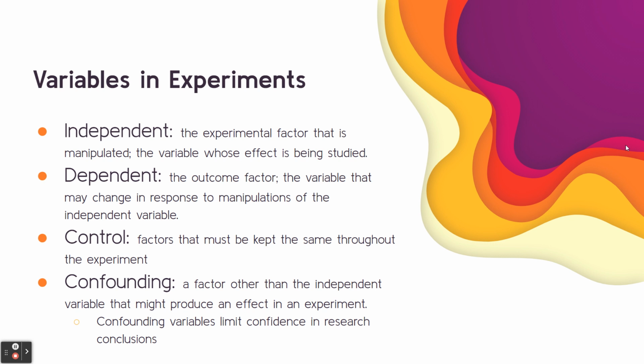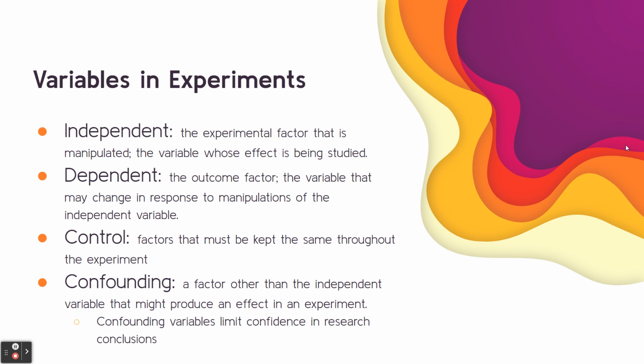Control variables are any other factors that are kept exactly the same throughout the experiment. This could be something as seemingly small as the temperature in a classroom. But control factors have to all be kept as close to normal and exactly the same as possible between the two groups.